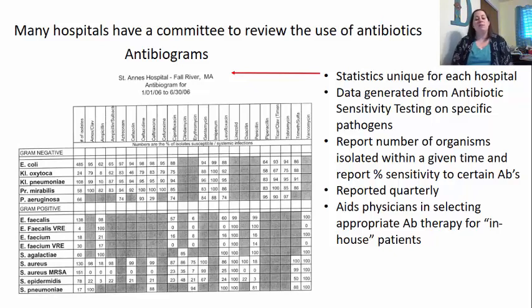This lets us know the percentage of sensitivity to certain antibiotics. Were the antibiotics useful and helpful against the disease? This is normally reported quarterly, so every 3 months, and this aids physicians in selecting appropriate antibiotic therapy for in-house patients. All right, so this is going to be unique from hospital to hospital, but it does allow them to cater that treatment to those people.